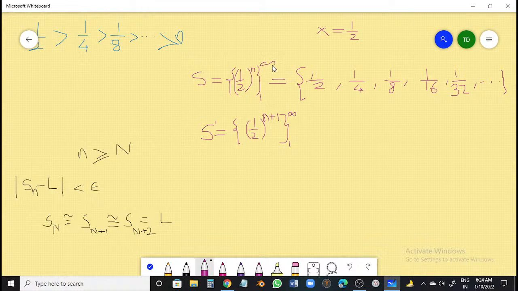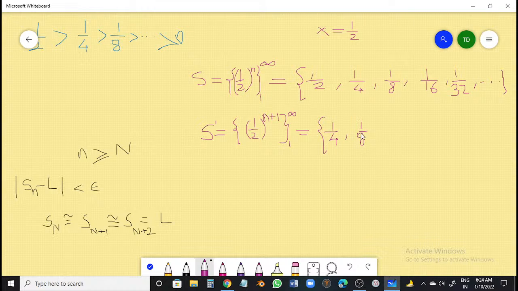So what this will have, for n equal to 1, this will be half raised to 1 plus 1, meaning half raised to 2, which is 1 by 4. If I go with n equal to 2, I will get half cube, meaning 1 by 8.